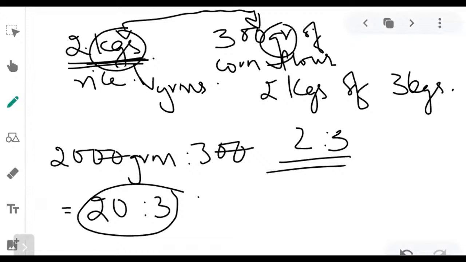Remember, the ratio should be of the same measure of units first of all, and after that, the same units also. You can't compare 2 human beings is to 3 dogs, or 2 kgs is to 3 liters.